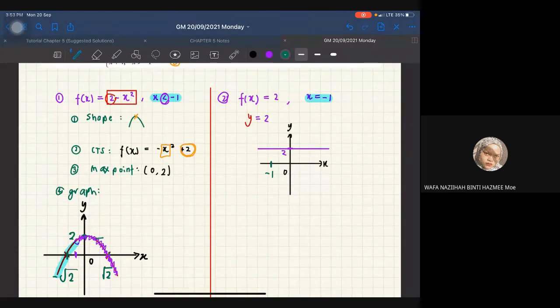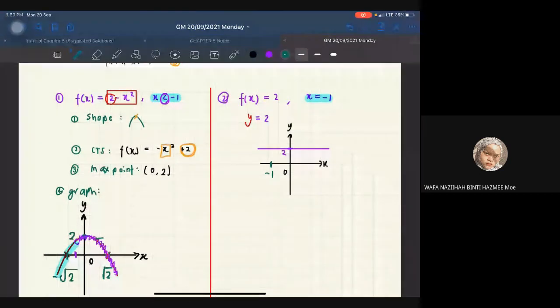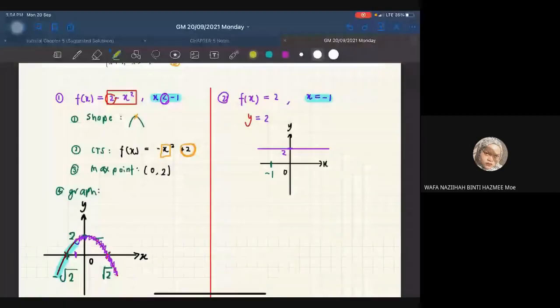Okay. So, kalau kebiasaan graph constant is awak punya range, bukan range, domain awak dia akan ambil semua nilai. Sebab semua nilai if one sahaja.